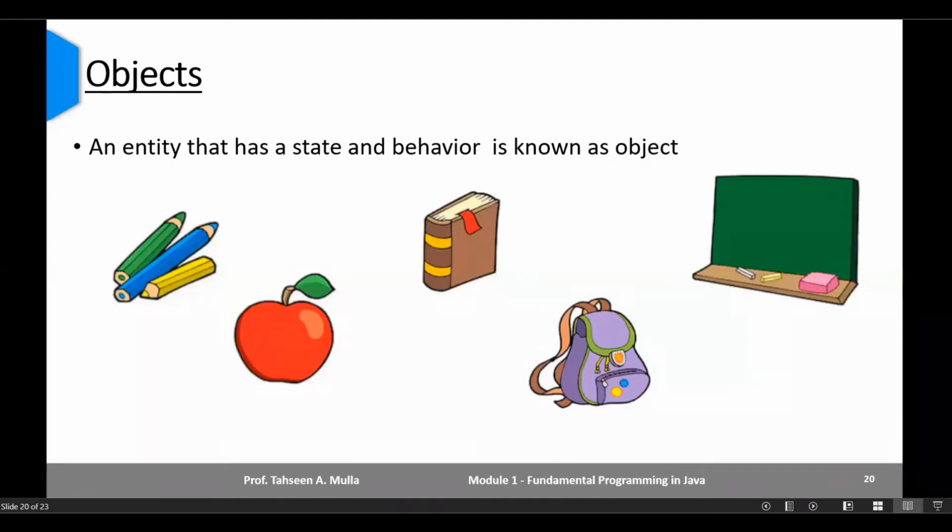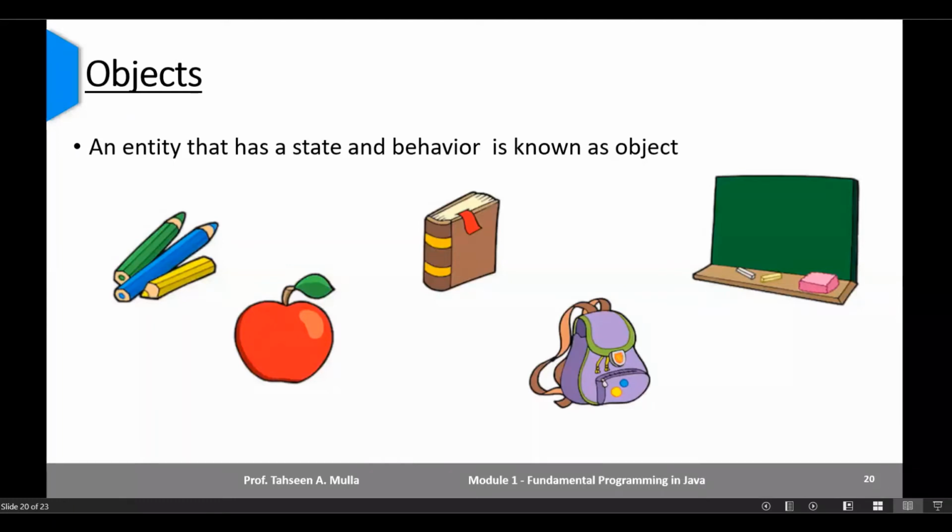Why entity? Because I have not yet recognized whether this is a pencil, apple, book, bag, or a blackboard. Depending on the attributes being specified, I'll identify whether it is an object or something else. So what I need to have is two things: first state and second behavior.